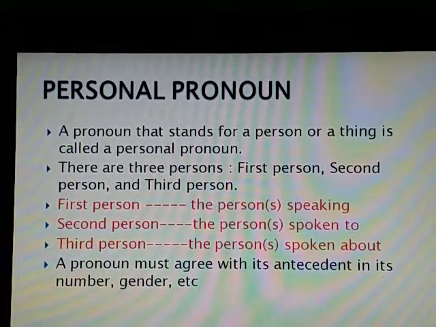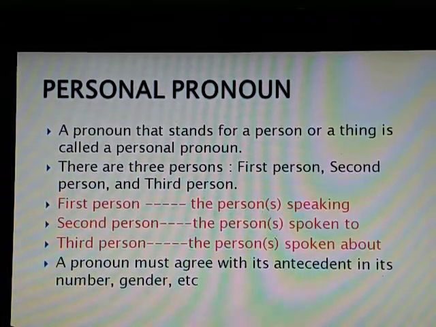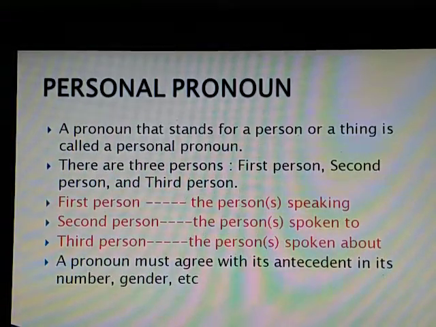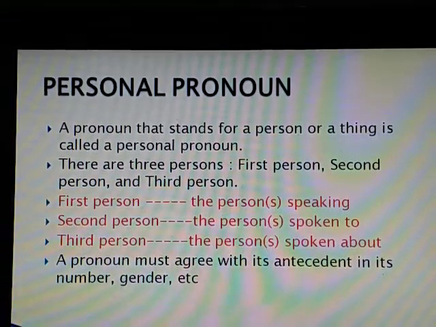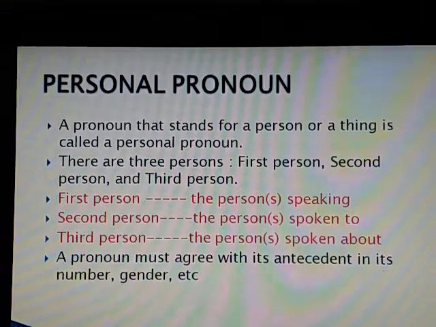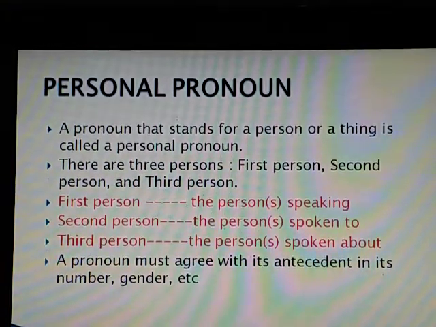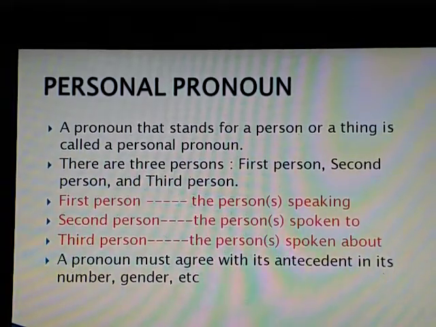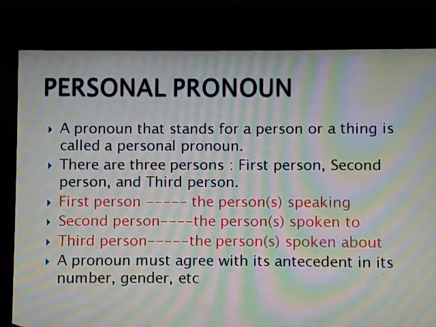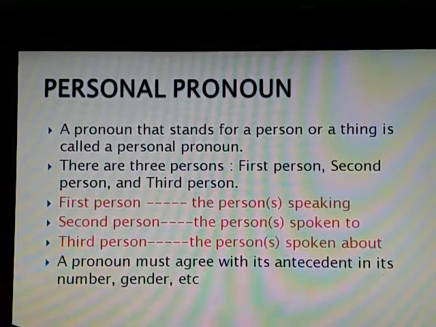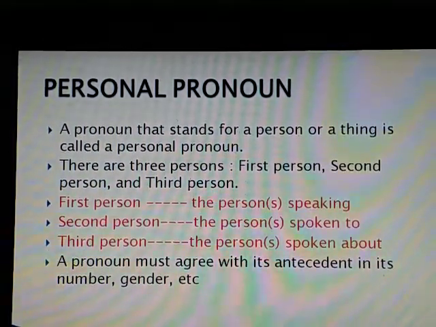A pronoun that stands for a person or a thing is called a personal pronoun. There are three persons: first person, second person, and third person. First person, the person is speaking; second person, the person is spoken to; and third person, the person is spoken about. The pronoun must agree with its antecedent in its number and gender.